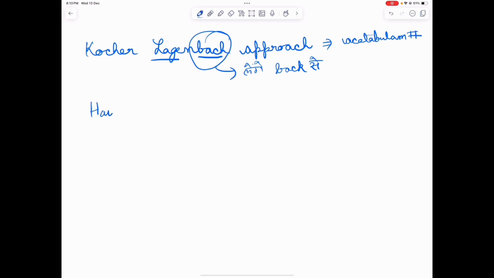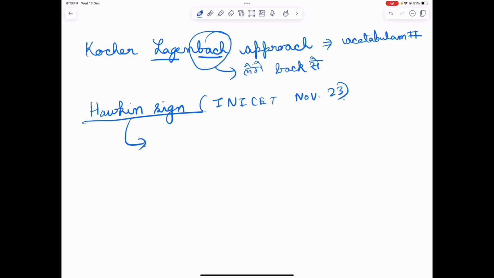Now Hawkins sign. See, Hawkins sign, Hawkins classification. This was asked in INICET November 23. And you should remember that Hawkins. See, if someone urinates in a swimming pool, very often there is a complaint that people are urinating in the swimming pool, and there is no way to find out who did it.